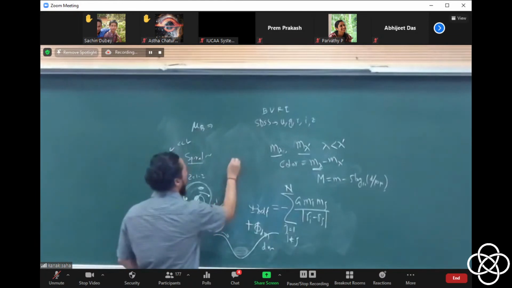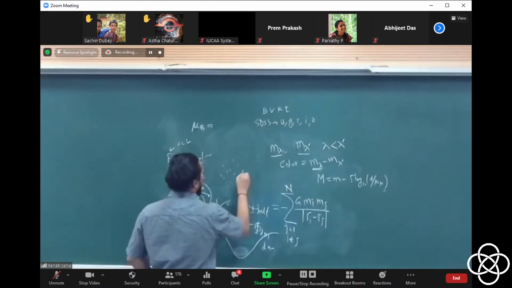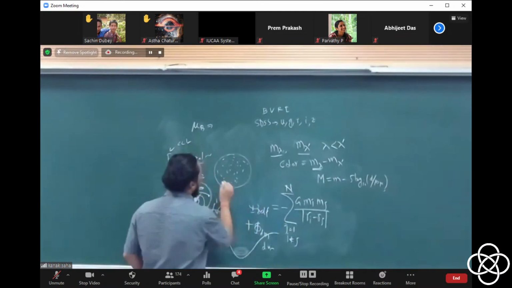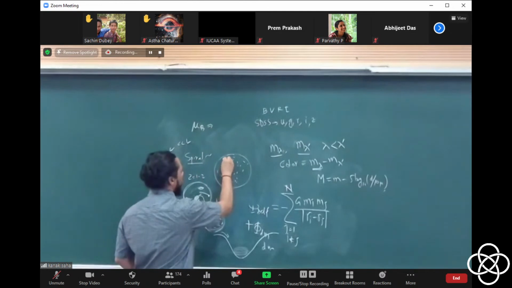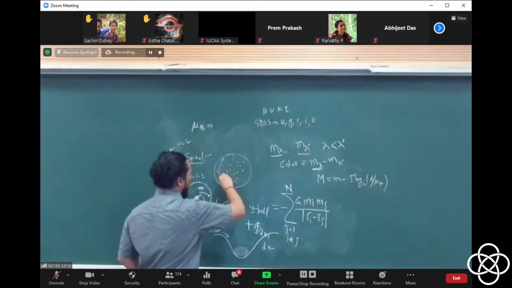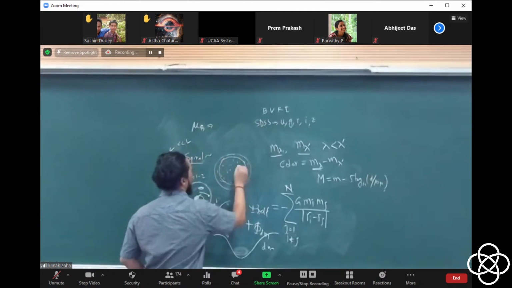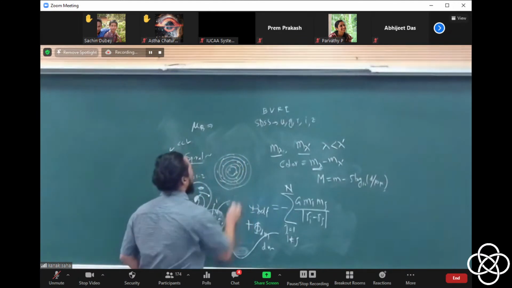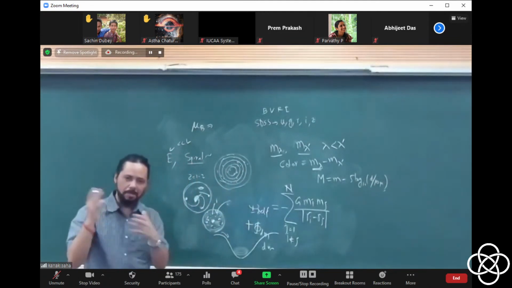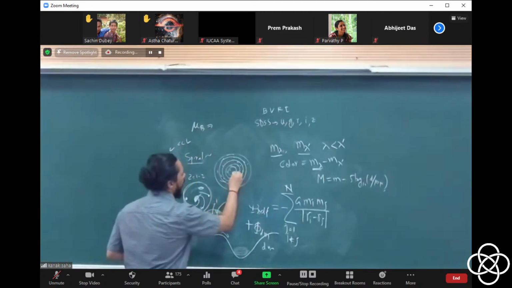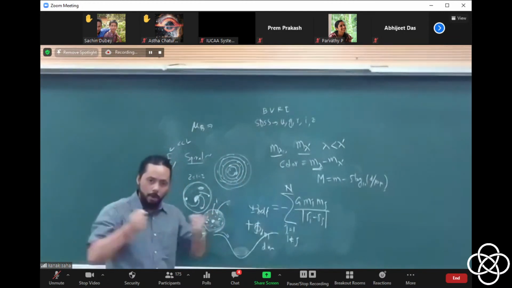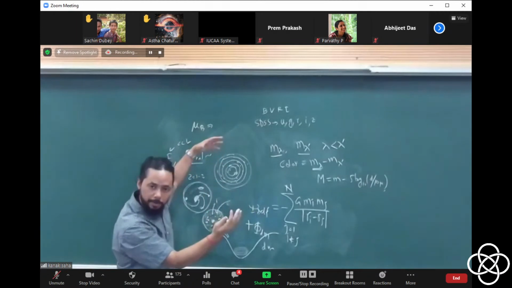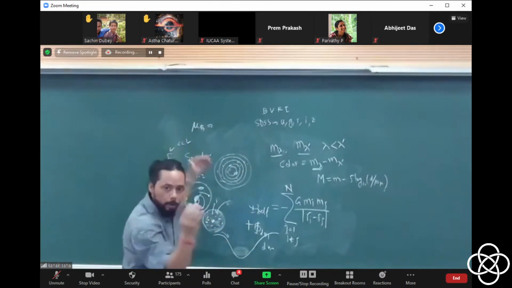So imagine a set of stars going on a circular orbit. This is the picture of a spiral galaxy in general. So spiral galaxies are rotationally supported. If you don't have rotation, meaning the centrifugal force, they would all collapse under gravity.